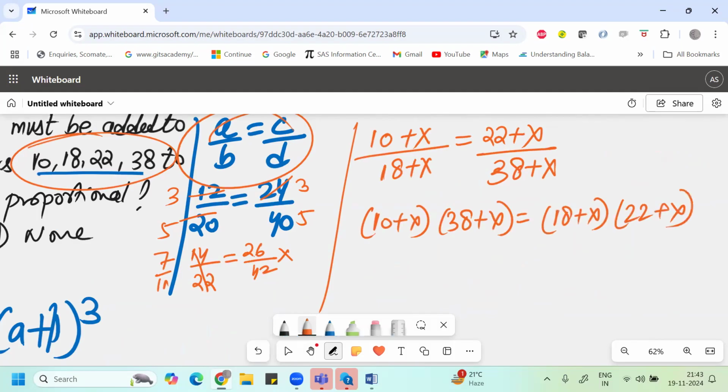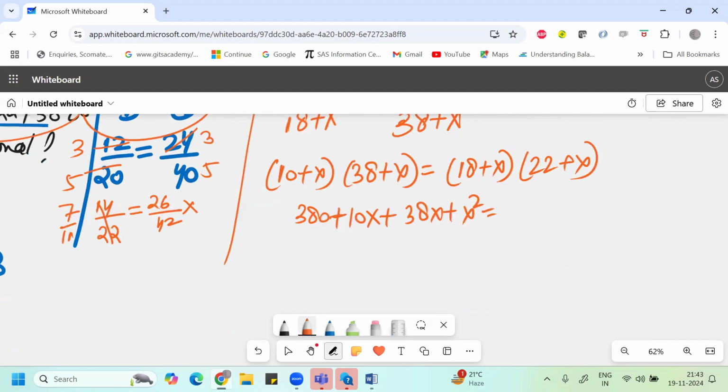Now if you open the brackets, I hope you know how to solve this. This is 380 plus 10x plus 38x plus x square is equal to 18 into 22. 18 into 22 is 396. 396 plus 18x plus 22x plus x square.